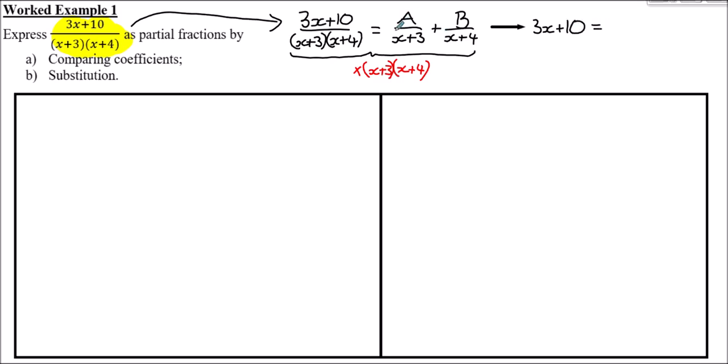Now if I divide by (x + 3), multiplied by (x + 3)(x + 4), the x + 3 will cancel, so I'll just get A lots of (x + 4), plus B lots. In the same way, the x + 4 will cancel, I'll just get (x + 3). And so what we're using here essentially is this result: 3x + 10 = A(x + 4) + B(x + 3).